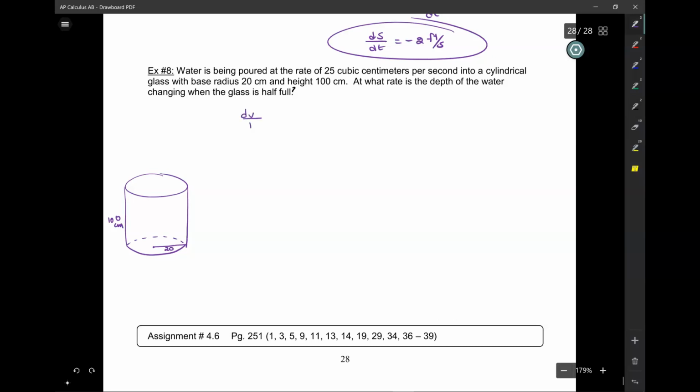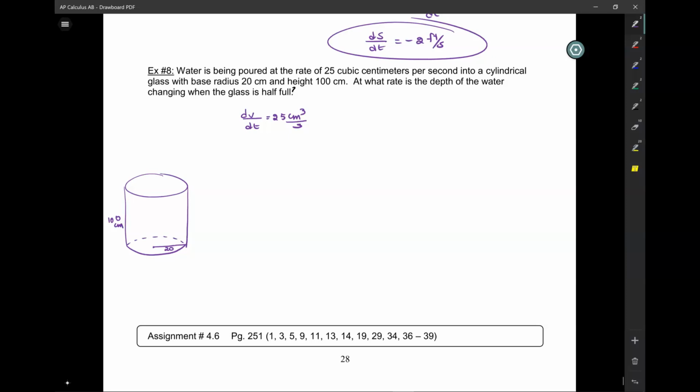So that's dV/dt is 25 cubic centimeters per second. At what rate is the depth of the water changing when the glass is half full? So what does that tell you? That's when the height is 50, or the volume is half, exactly.